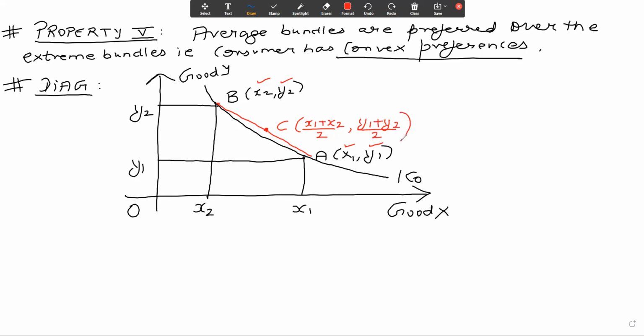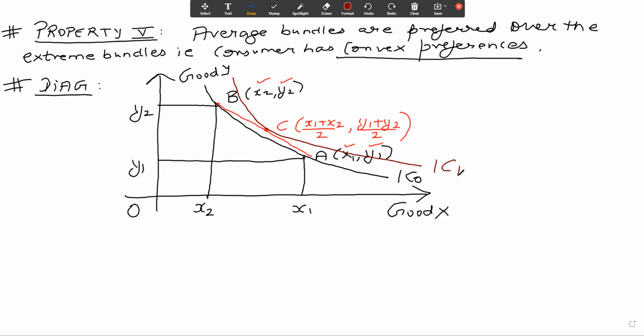So this will be my average bundle C. You can clearly see, guys, that my bundle C is lying on a higher indifference curve. If you look at bundle C, it lies on a higher indifference curve IC1.